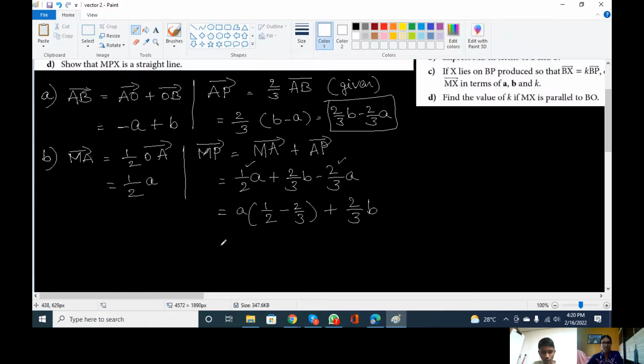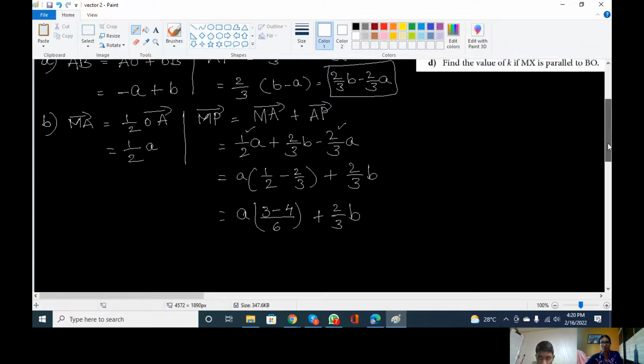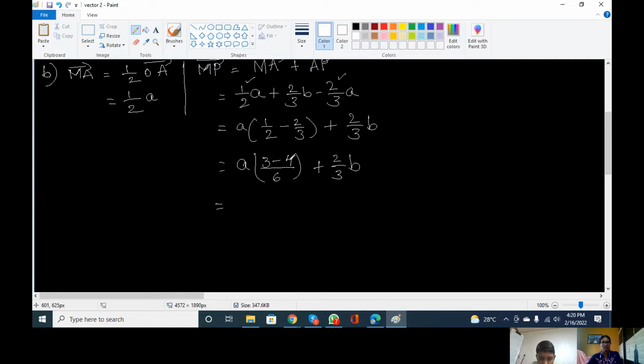If you take the LCM as 6, 2 goes into 6 three times, so 3 times 1 is 3, minus, 3 goes into 6 two times, so 2 times 2 is 4, plus 2/3 B. That is 3 minus 4, which is negative 1. So negative 1A is negative A over 6, plus 2/3 B. Okay?